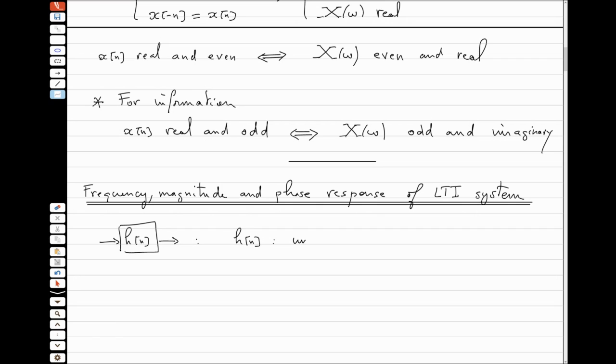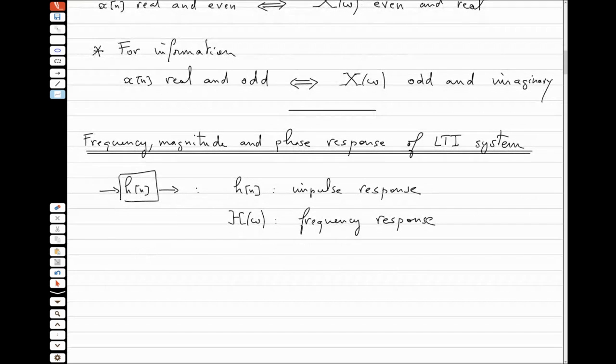H of n is the impulse response. The Fourier transform of H of n is called frequency response. Its magnitude is called magnitude response. Angle is called phase response.